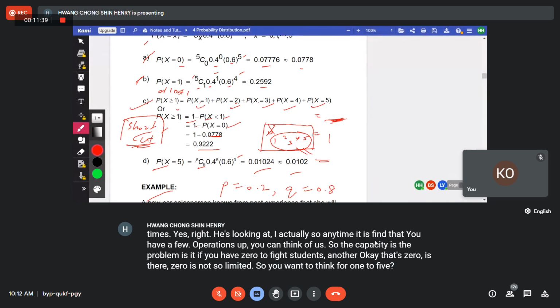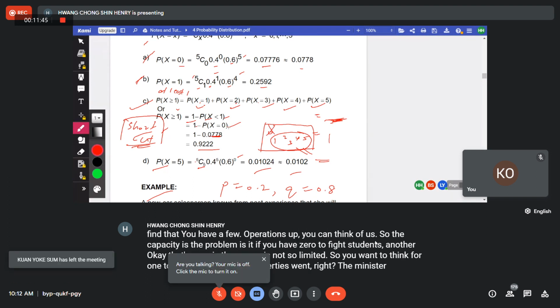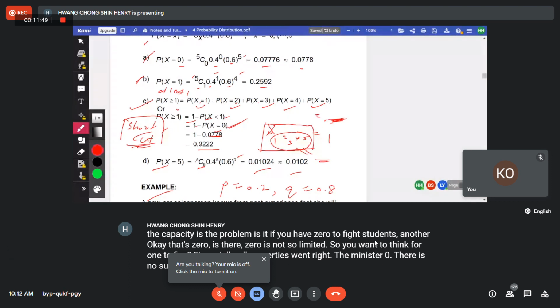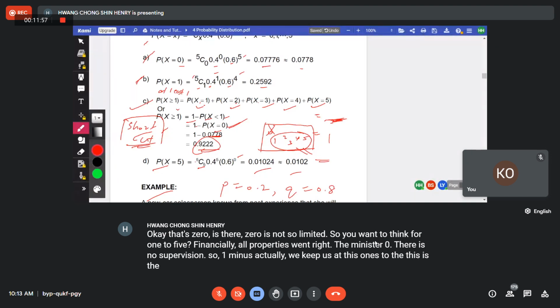Instead of counting 1 by 1, 5 times, you take the whole probability, which is 1, and minus the 0, that means no student graduates. So 1 minus no student graduating will give us at least 1 student graduating. This is the shortcut formula. So I hope later when you do a tutorial or classification, you find a similar one, and then you use your shortcut. Okay.